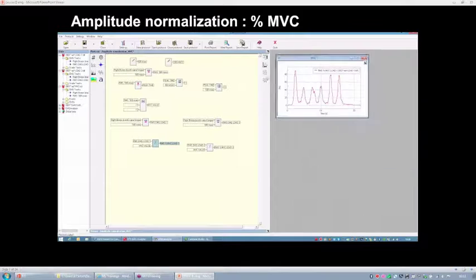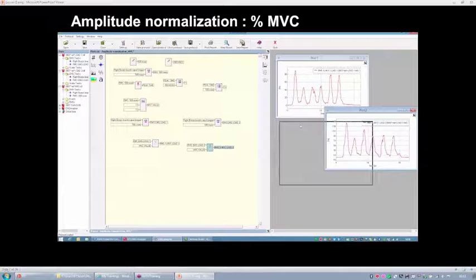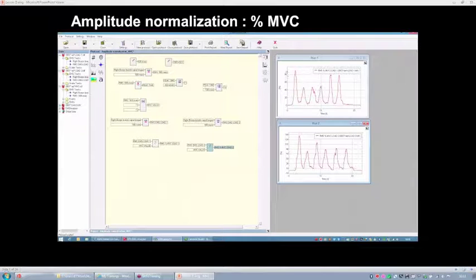Now, as you can see, we have on the y-axis a percentage of the value of the maximum voluntary contraction. For example, you can see that on the first exercise, we don't reach the maximum value.